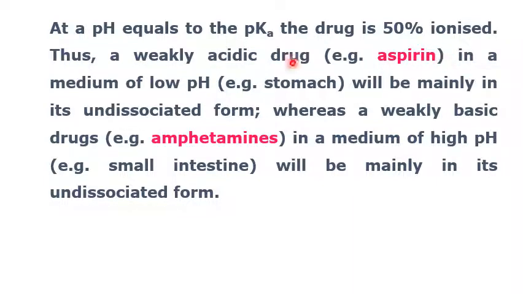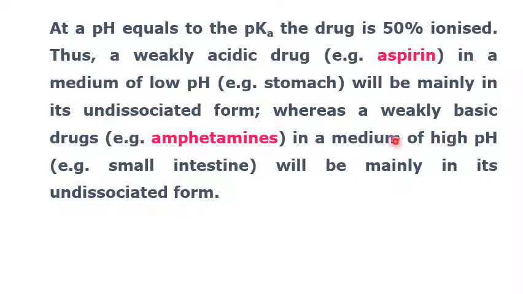Aspirin at low pH, like the pH of the stomach, will be mainly in the undissociated or unionized form, which is more lipid soluble, and therefore the permeation of aspirin through the biological membrane will be more favorable in the pH of the stomach than in the pH of the small intestine.